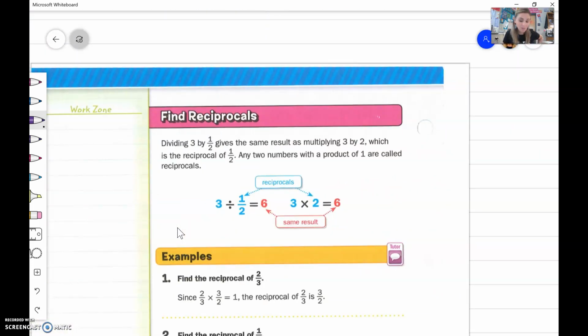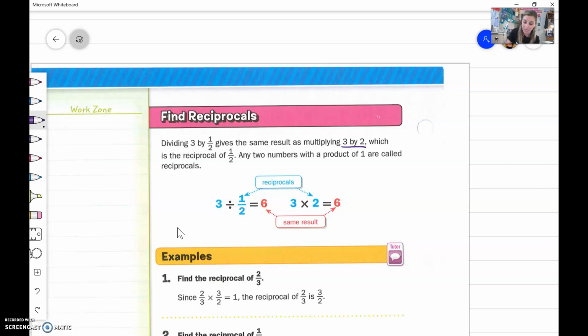All right, turn to the next page. And here we go. How does that play into division? Well, when dividing 3 divided by 1/2, it gives us the same result as multiplying 3 by 2, which is the reciprocal of 1/2. So here's what we're doing.